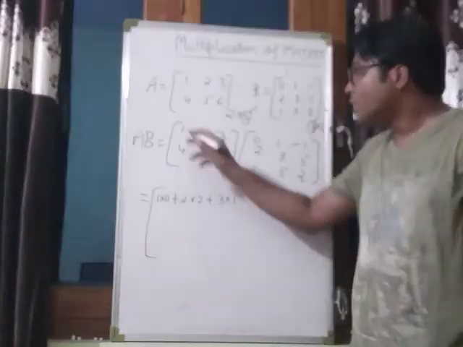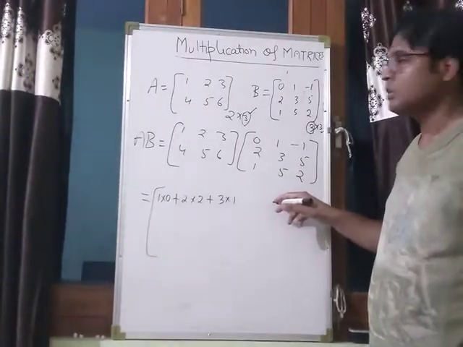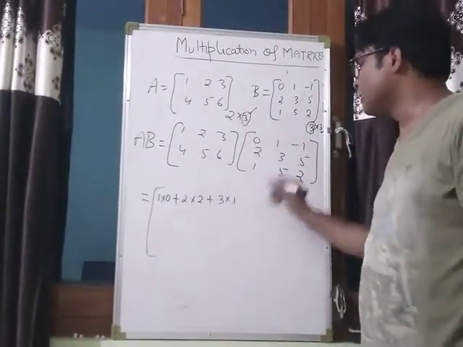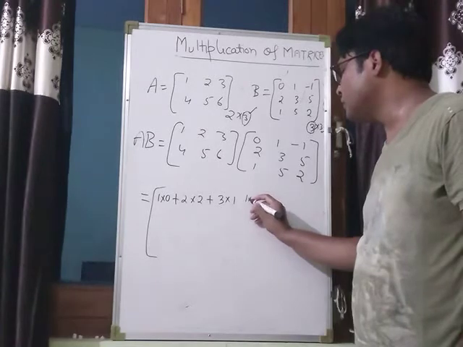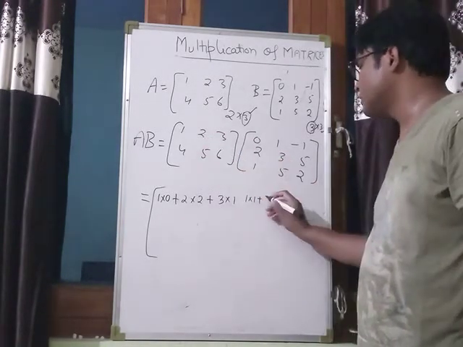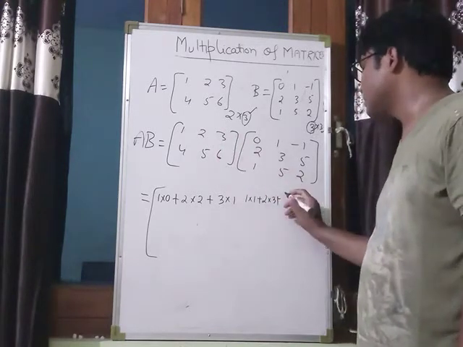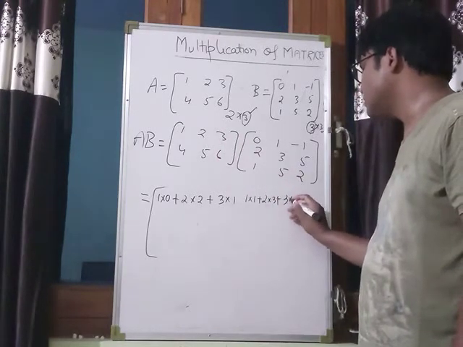Okay, again first row second column, so 1 into 1 plus 2 into 3 plus 3 into 5.